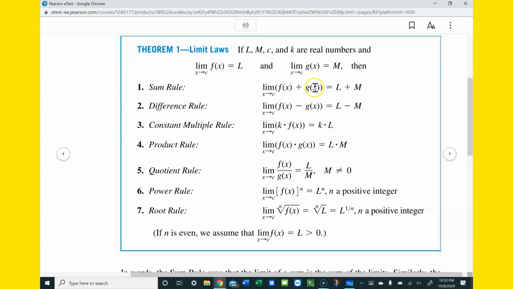The limit of f of x plus g of x is just L plus m. In other words, the limit of the sum of the functions equals the sum of the limits of the functions. Likewise, the limit of the difference of the functions equals the difference of the limits.